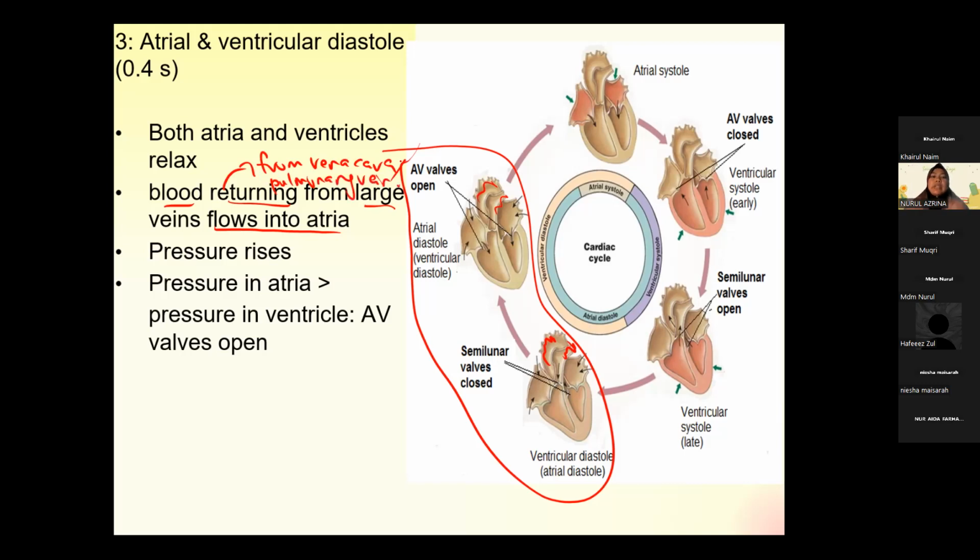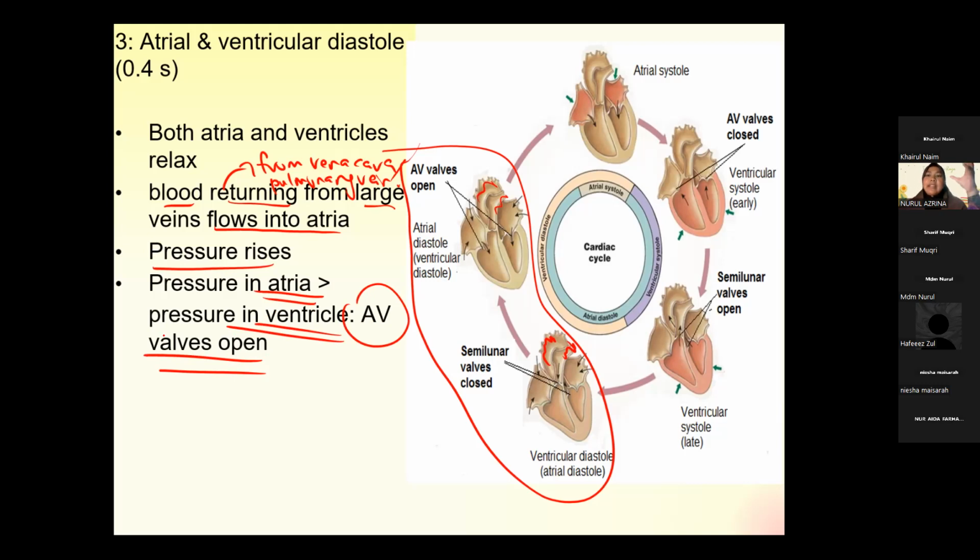Now you imagine blood flowing into the atria from the vena cava and also pulmonary veins, and this will cause the pressure inside the atria to increase. So as pressure inside the atria is increased, the pressure of atria is higher compared to the pressure in the ventricle because ventricle is already empty. And this will force the AV valve to open, so blood can be transported from the atria into the ventricle.